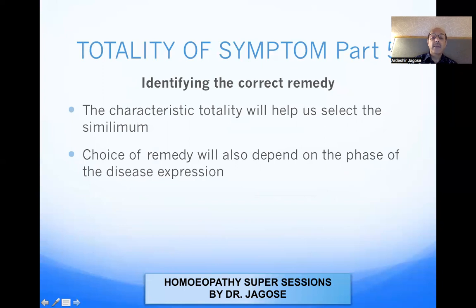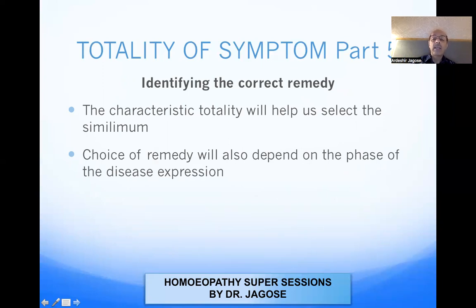Identifying the correct remedy. Well, the characteristic totality helps us to select the simillimum. So whatever totality you form, naturally you have formed it on a characteristic symptom. So these characteristic symptoms will give you the choice of the correct remedy, but that will also depend upon the phase of the disease expression.